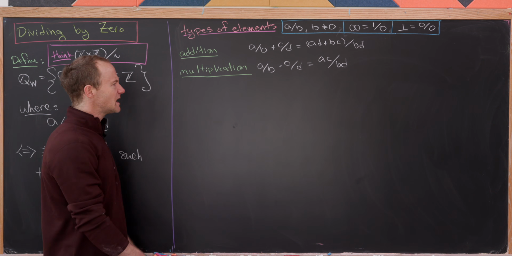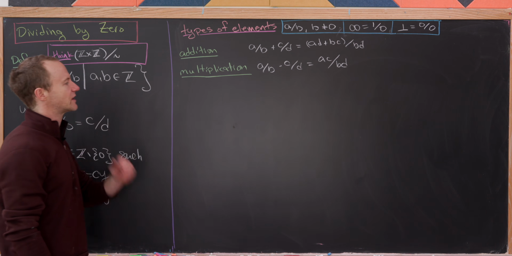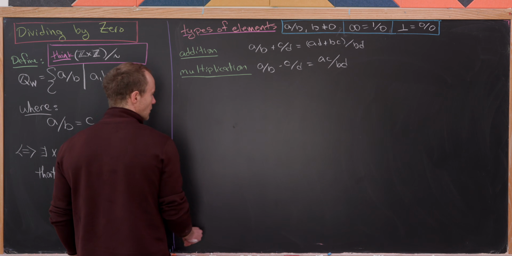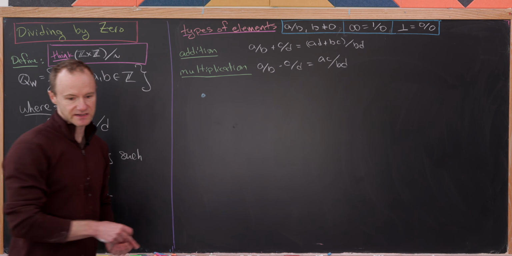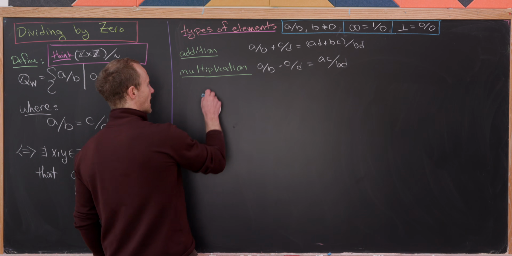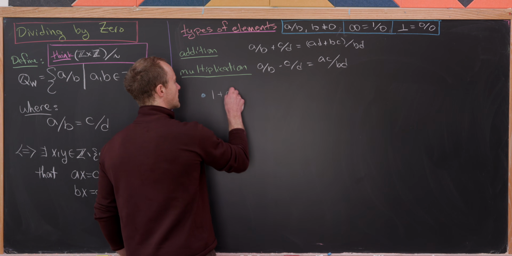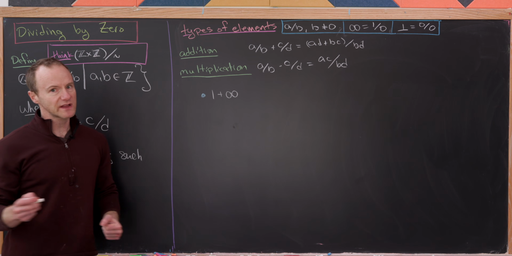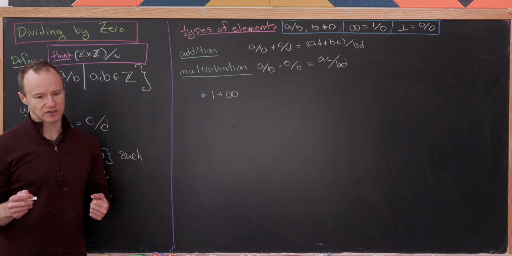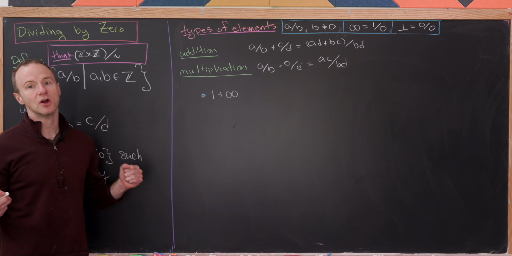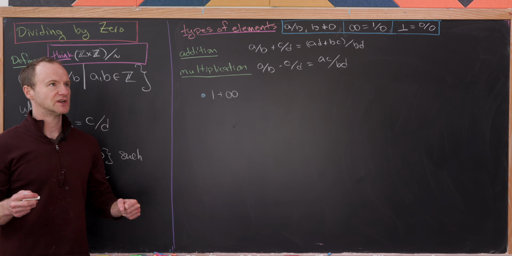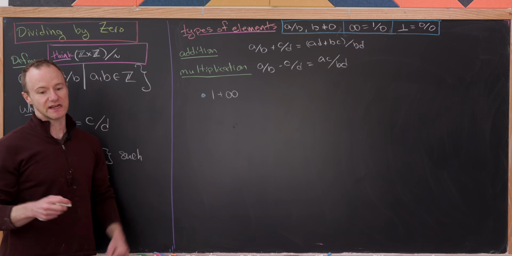Okay, so let's maybe look at some sample calculations. Well, it'd be nice to know what something plus infinity is. So let's look at that. Let's do it in terms of 1 plus infinity, although you could really do this in terms of any rational number plus infinity to get an idea of what's going on. This is just a worthwhile example which serves as a representation of what's going on.